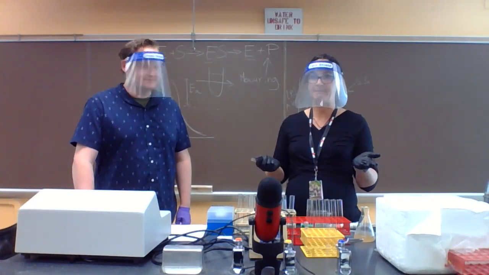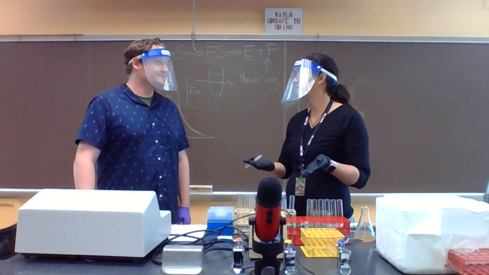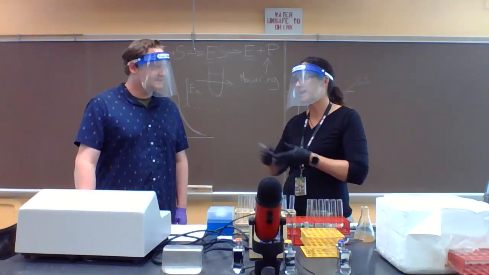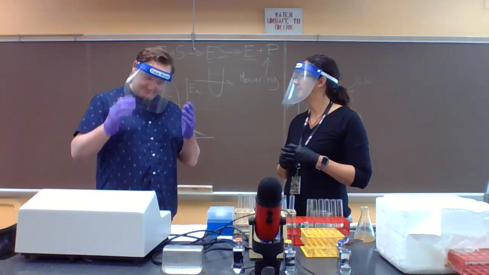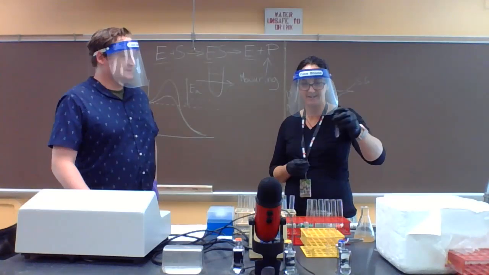And that takes time, right? So we have to be able to correct for that time. So we're going to stagger our time points so that we are not getting any discrepancies in our timing.